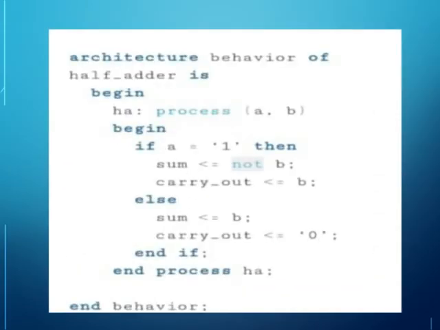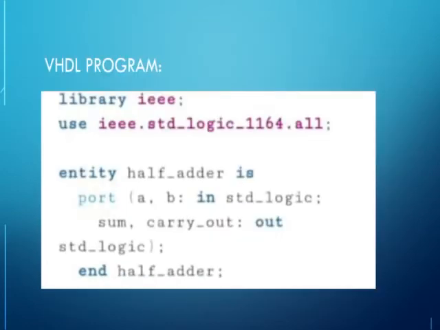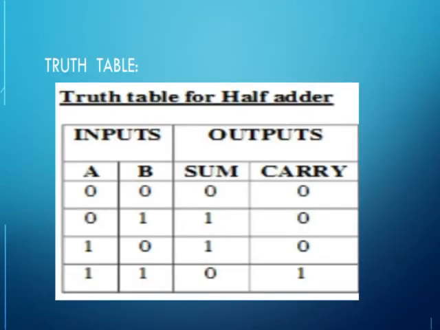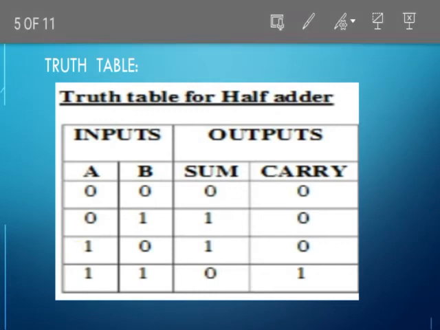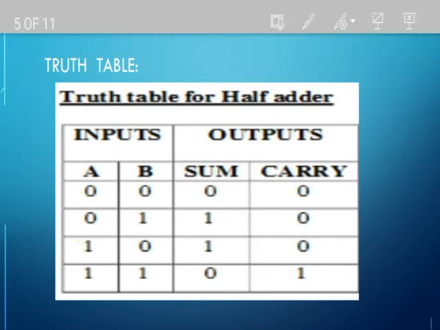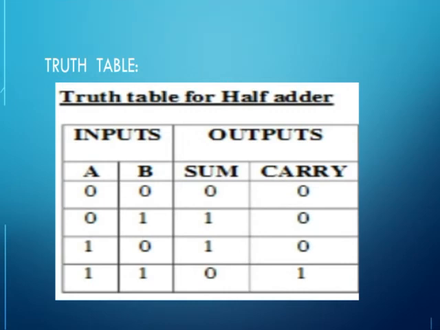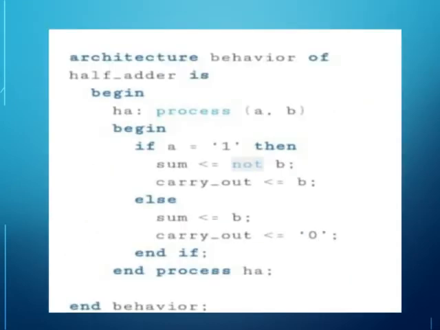Coming to carry out, it is assigned B when A is equal to 1. So see here, when A is 1, carry out is the same as B. When B is 0, carry is 0, and when B is 1, carry is also 1. And then else: sum is B and carry out is 0.